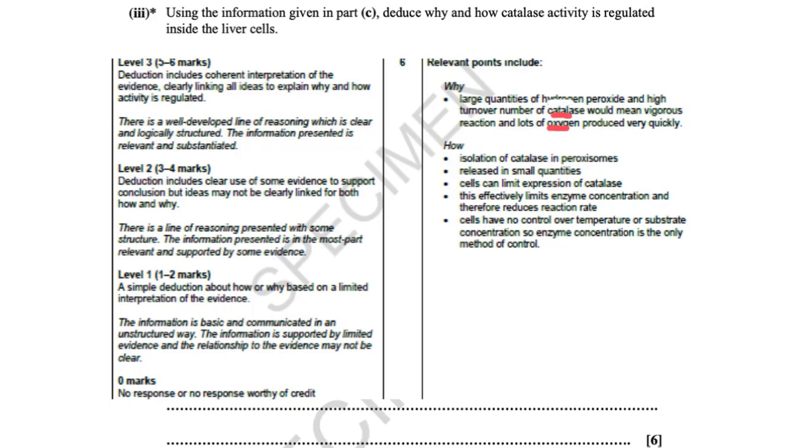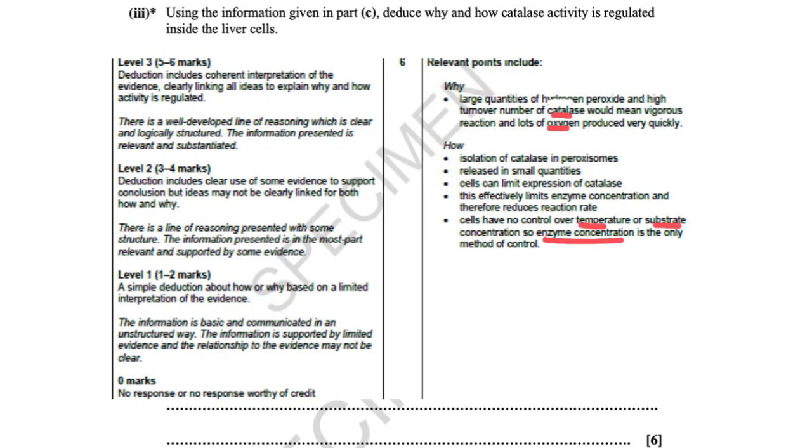Therefore you have to control the rate of the catalase, and the only way you can control that, because you can't control temperature and you can't control substrate concentration, is by controlling the enzyme concentration.